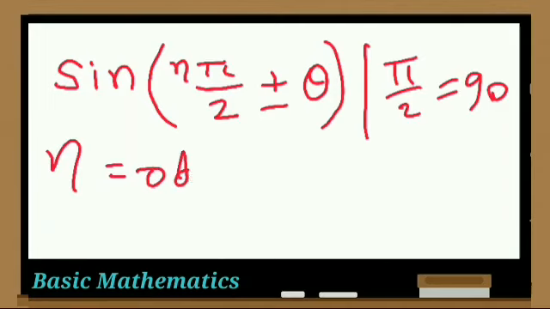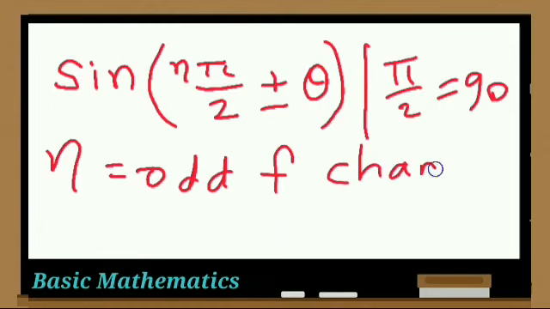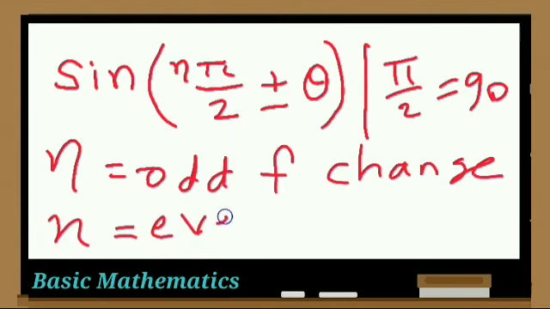If n is an odd number, like 1, 3, 5, then the function will change. If n is an even number, then the function will not change. How can we see?